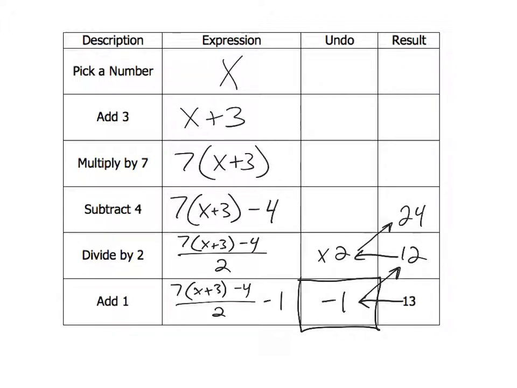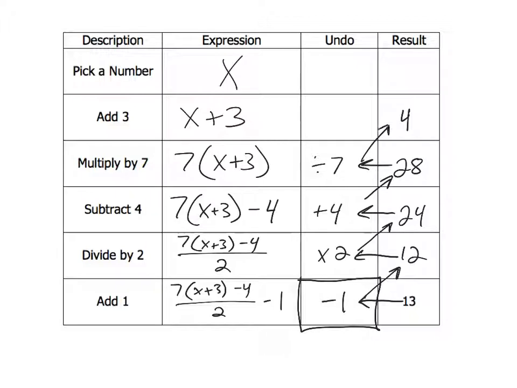Okay, now the next one was subtract 4. How do we undo subtract 4? I think you're getting the hang of this. We add 4. 24 plus 4 is 28. How do you undo multiply by 7? You got it, divide by 7. Let's keep undoing. 28 divided by 7 is 4.